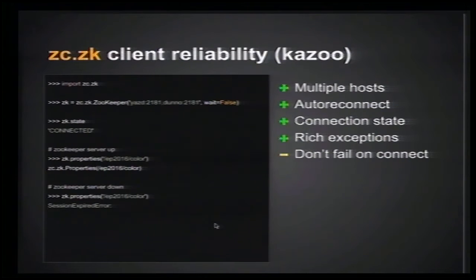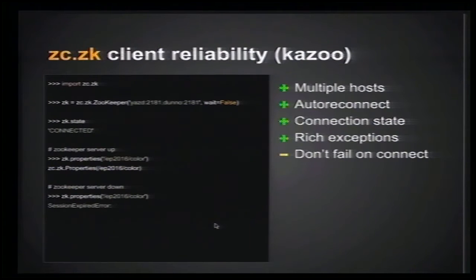So I'm providing a quick example here. The don't-fail-on-connect option means: if no server is available, when I do the first line and try to connect to my Zookeeper cluster, will it be blocking? Will it raise an exception? In this case, it's blocking.